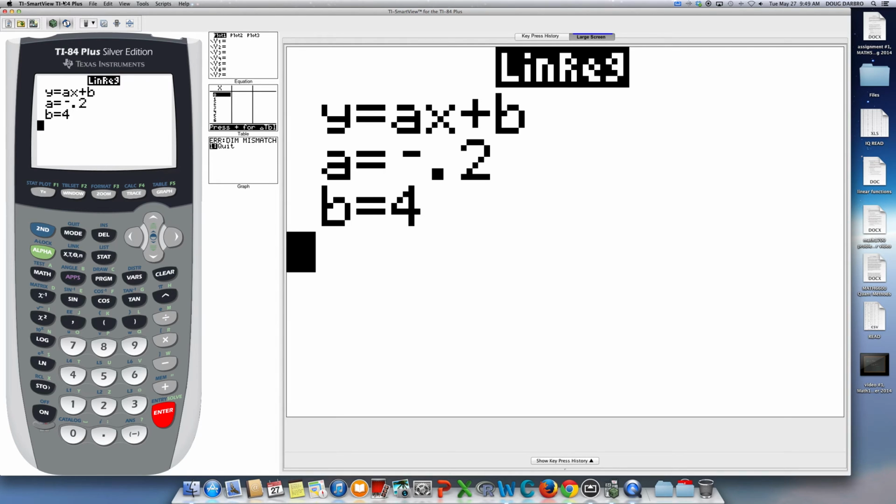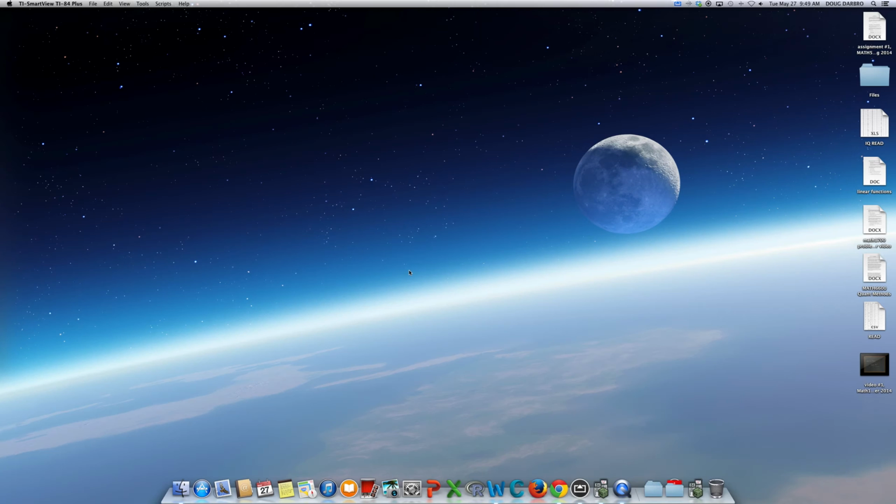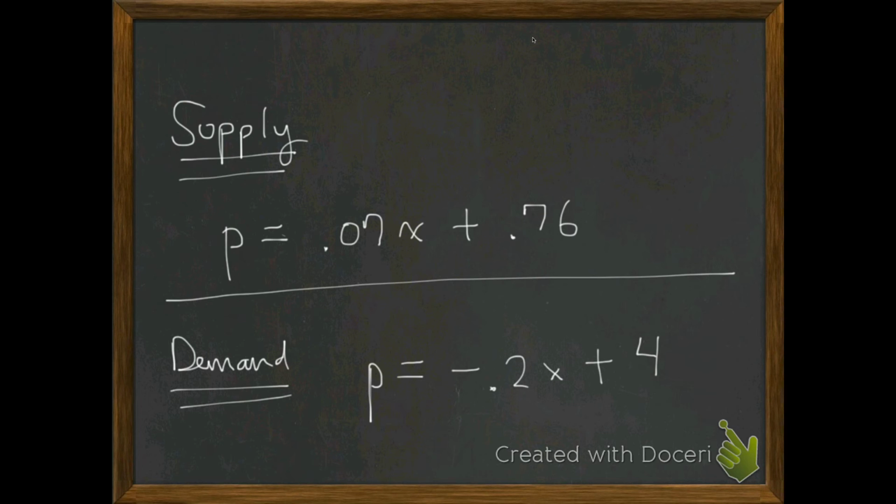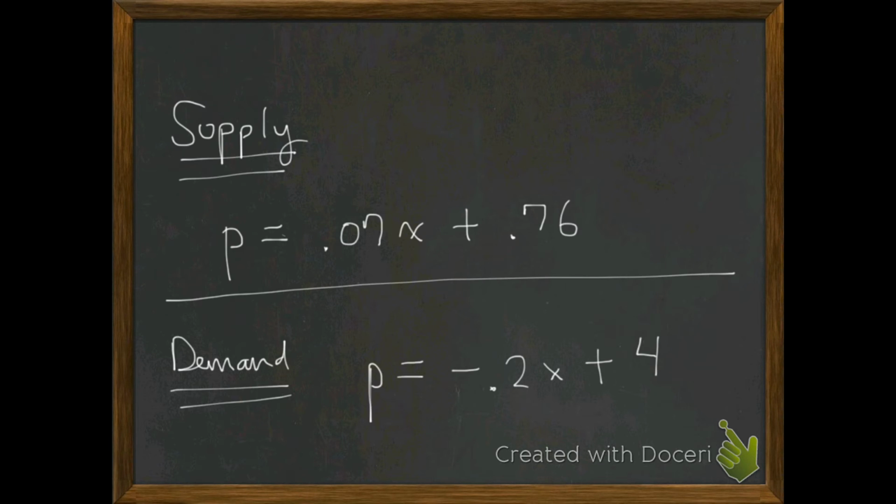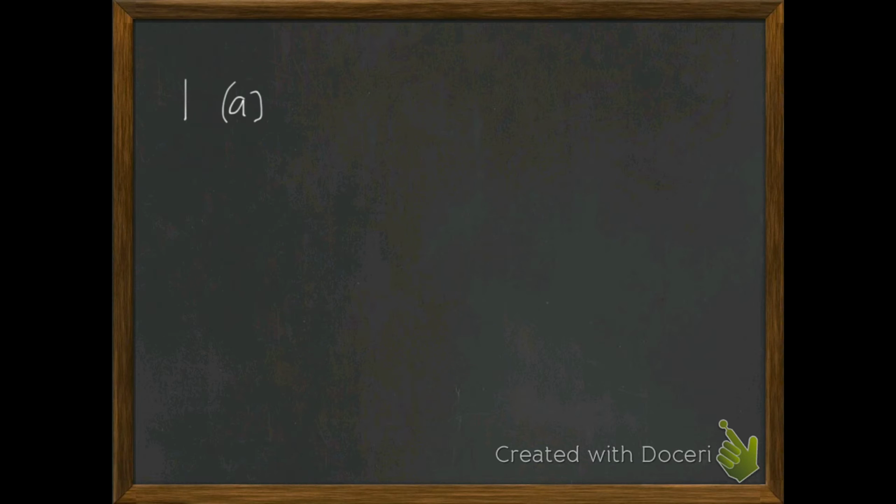All right. Now I'm going to go back to this, and you can see that I've written everything down. If you go back to your handout, there are 4 parts to question 1, A, B, C, D. For 1A, which asks you to find the price supply function, that's just going to be 0.07 and 0.76.